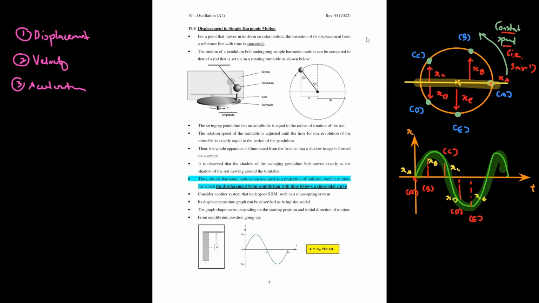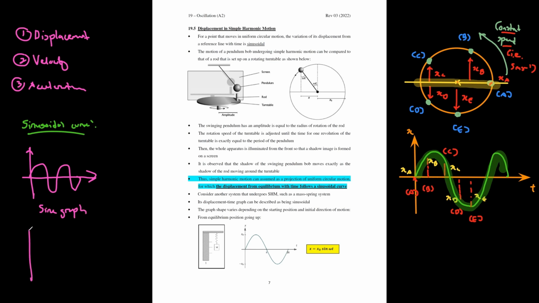Okay. Now, sinusoidal doesn't mean it must be a sine graph. A sinusoidal curve just means that it follows a wavy pattern like this. I could give you a cosine graph. We will still call it sinusoidal also. If I tell you about a sinusoidal curve, it can be something that looks like this, a sine graph.